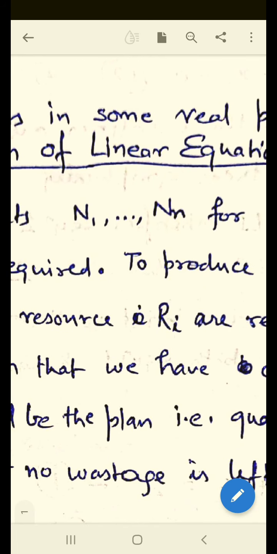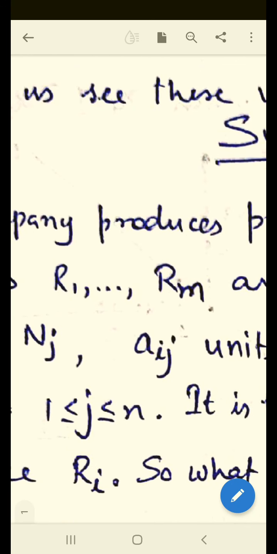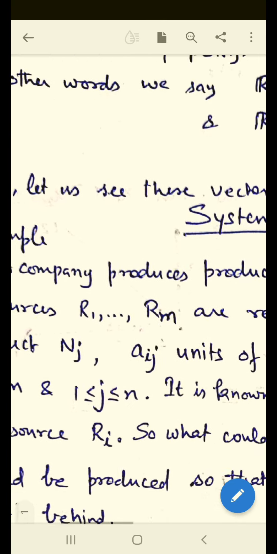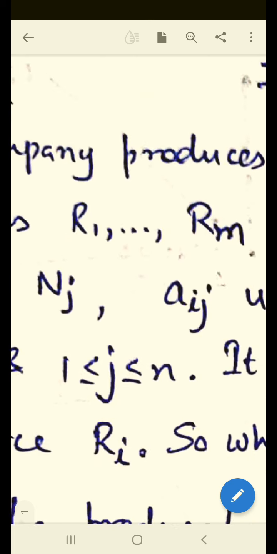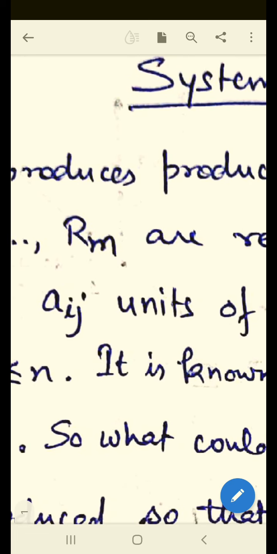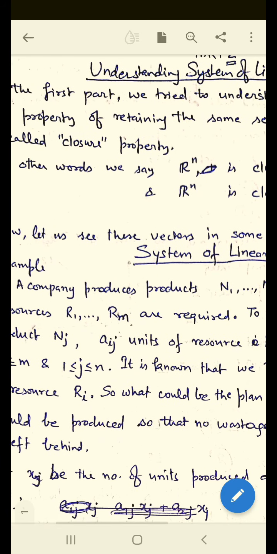Consider that N1, N2, up to Nn are the products this company produces, and it requires resources R1 to Rm to produce them. Each product Nj takes aij units of resource Ri to produce 1 unit of Nj.